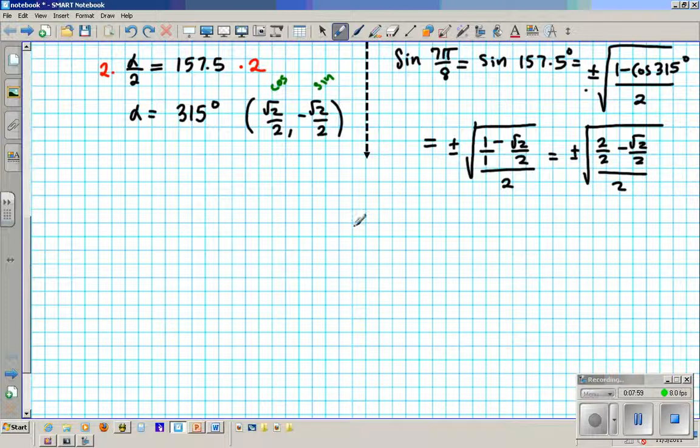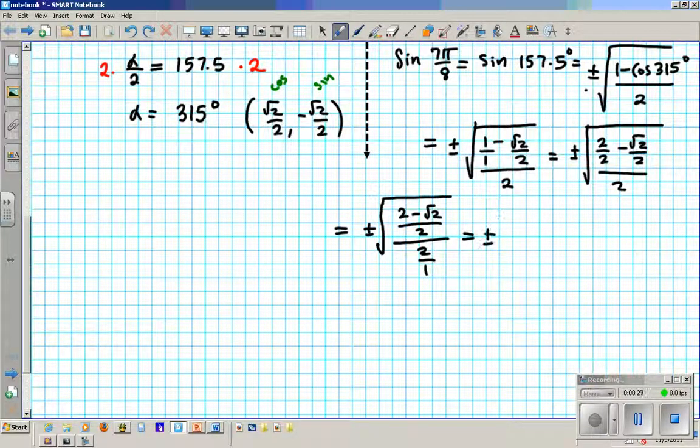It becomes, you can now write it as plus or minus the square root of 2 minus root 2 over 2, and then the whole business over 2. So if you have a fraction on the numerator, we might as well make the denominator a fraction. We have a fraction divided by a fraction. So in this case, you multiply by the reciprocal of the denominator, or you DCF the problem.